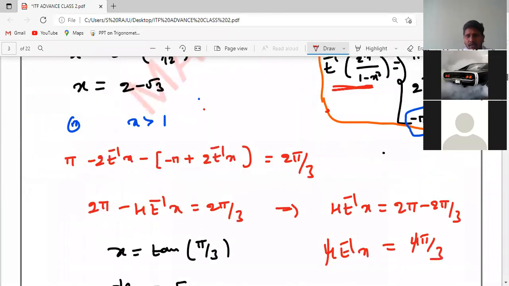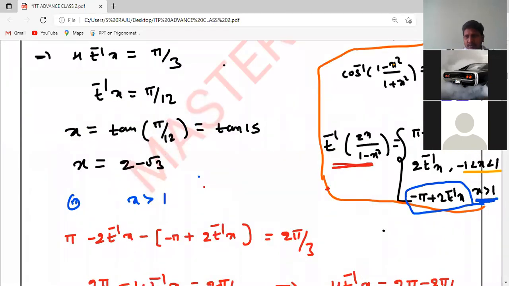What about the tan inverse of 2x by 1 minus x square? Again, this is nothing but the second case only, because minus 1 lesser than x lesser than 0 belongs to the second condition. Am I right?